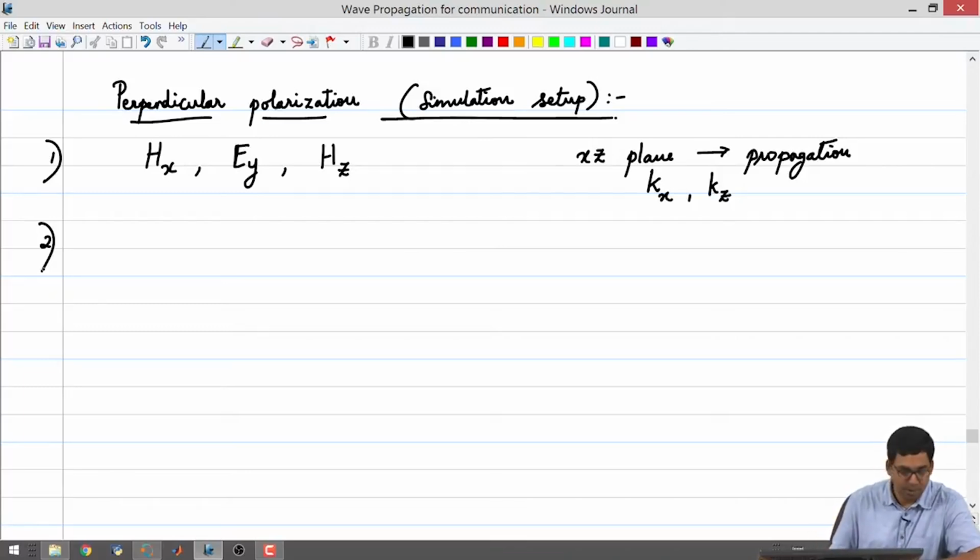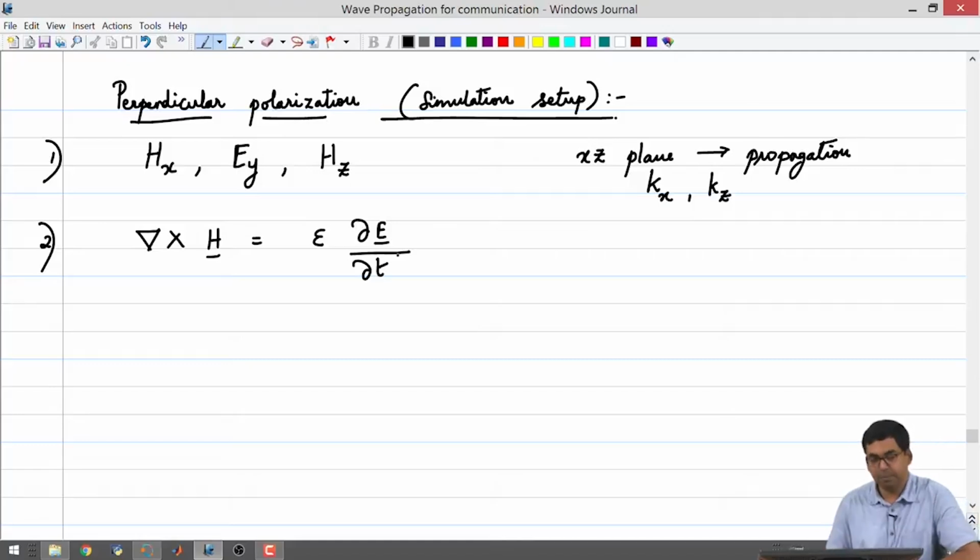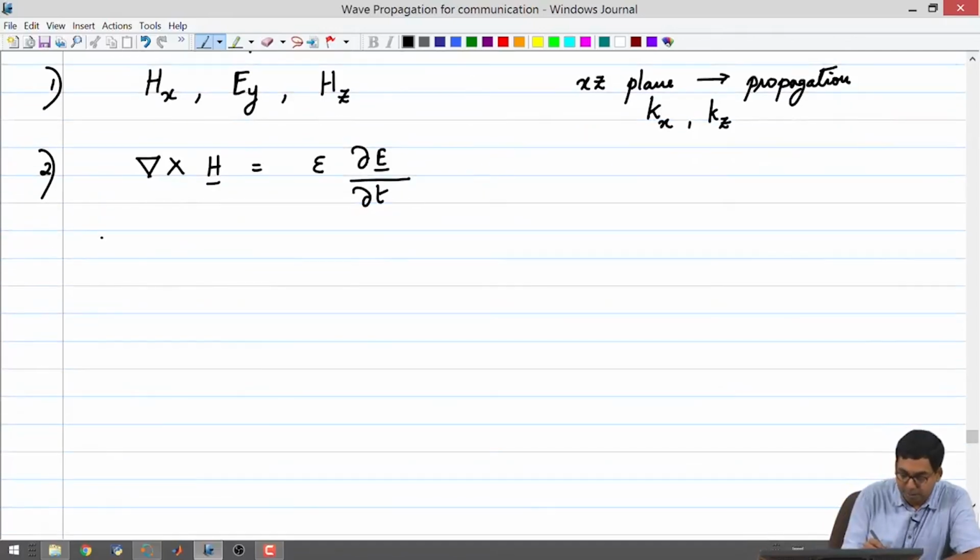I'll write down the first curl equation that we are going to write in difference form. I have del cross H equal to epsilon dou E dou t. We begin by expanding the left hand side.